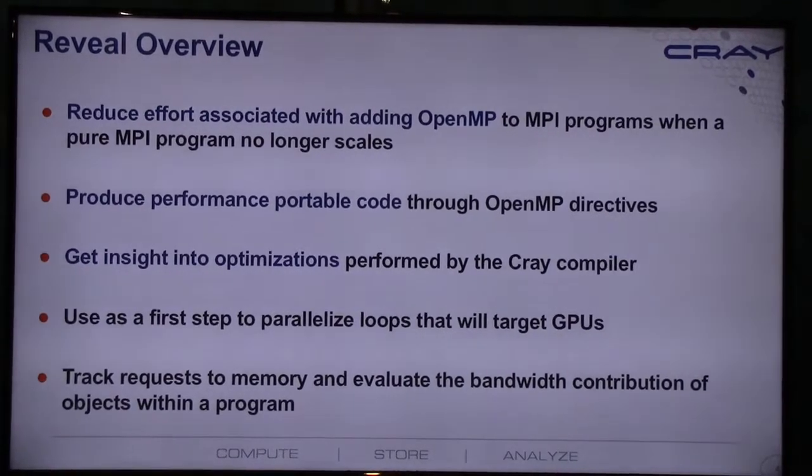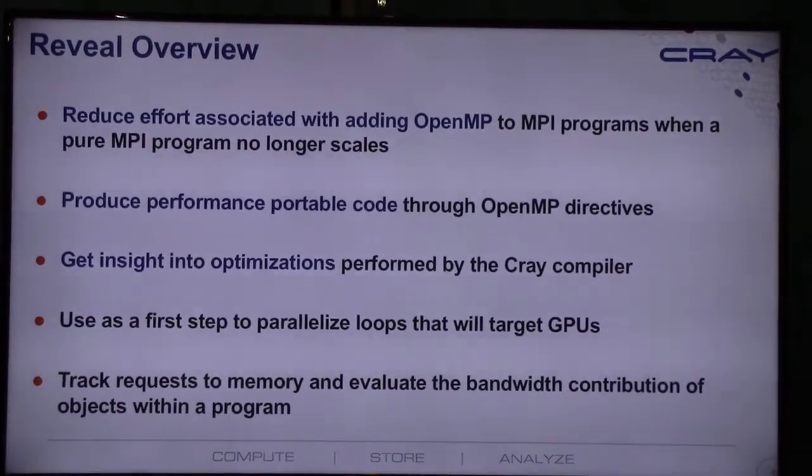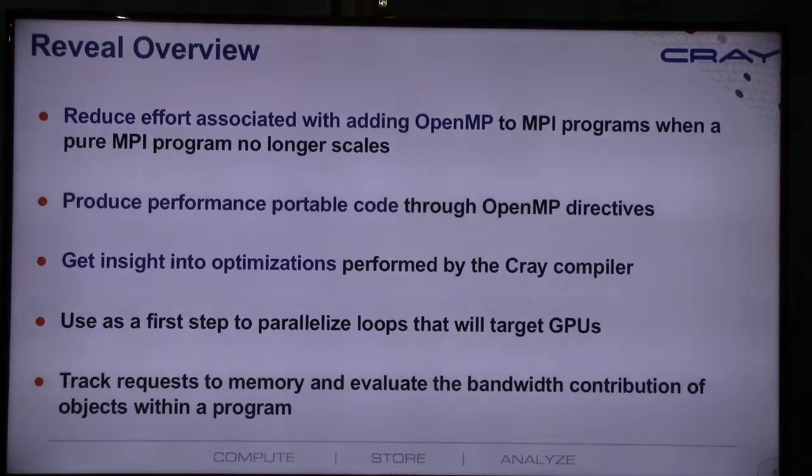Even though we are using the Cray software stack and this tool provided by Cray, the ultimate end goal is OpenMP directives in your source code. So technically you could take this work that you've done and move it to other platforms. We also, through Reveal, offer the ability to gain insight into what the compiler has done to your program.